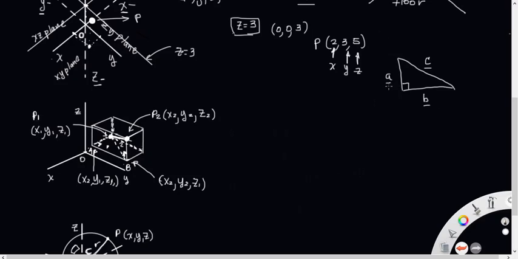So if these lengths are known, there is a way to find the length of the hypotenuse, and this is by means of this formula, c squared equals a squared plus b squared. And this is the Pythagorean theorem.